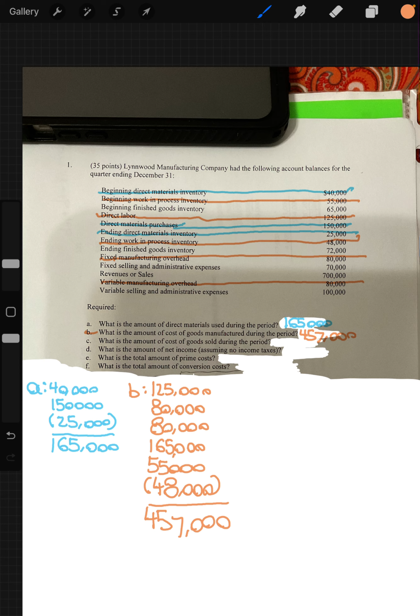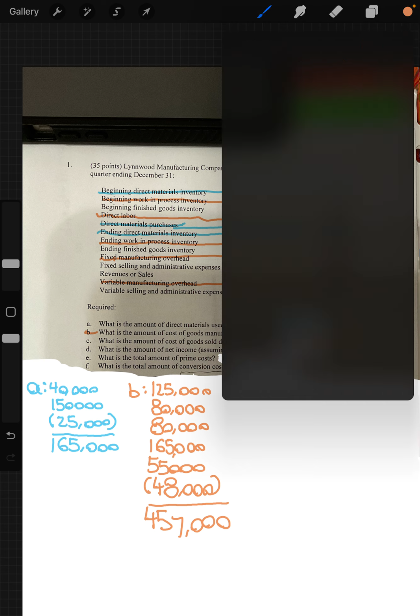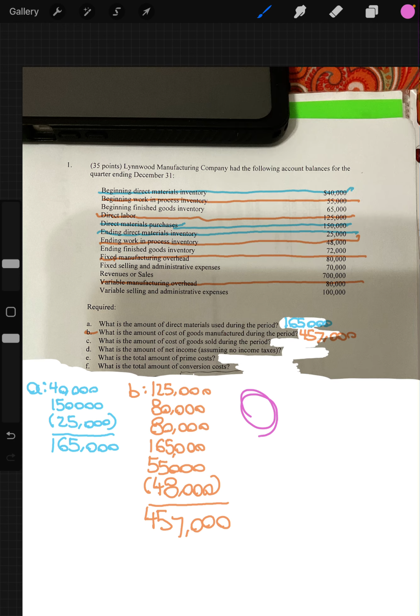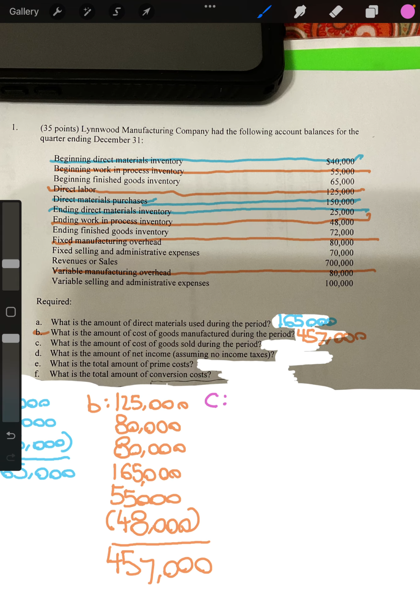So for C, let's actually change colors again. Yeah, pink is fine. All right. What is the amount of cost of goods sold during the period? So we need beginning finished goods inventory.